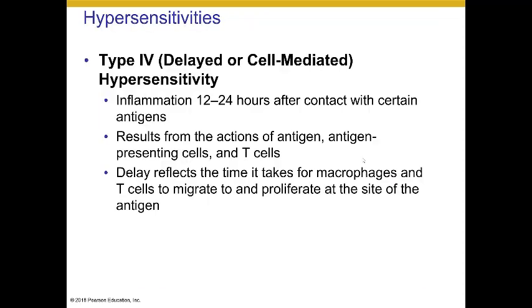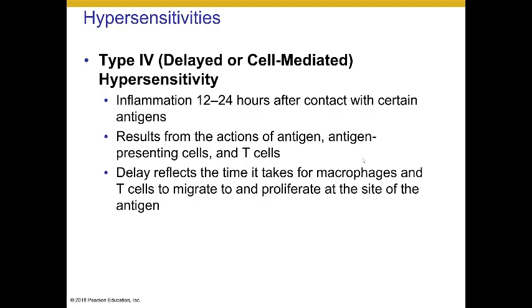All right, so then the last hypersensitivity is type 4, which is delayed or cell-mediated. So think of things like poison ivy, poison oak, those types of skin rashes because you've come into contact with some oil, and it's kind of like an allergy, but it's not immediate.